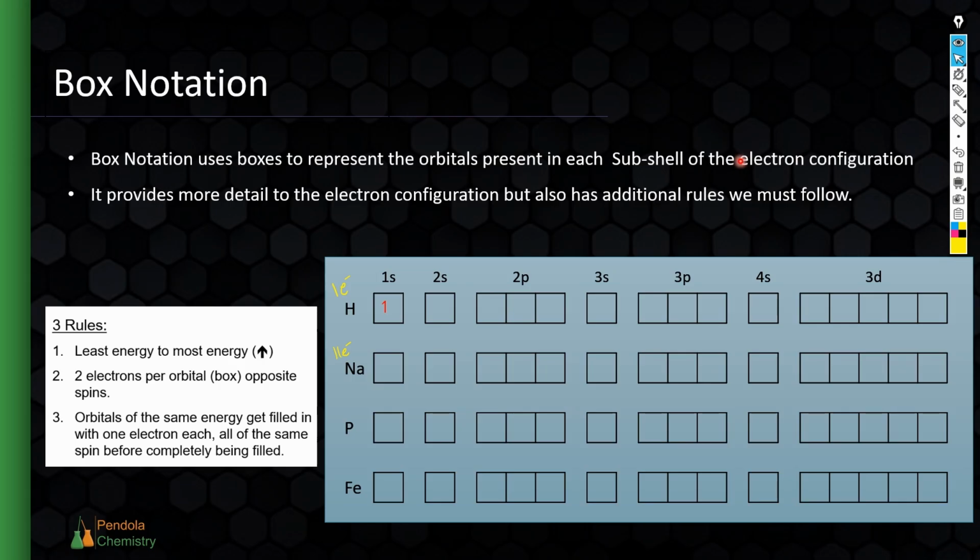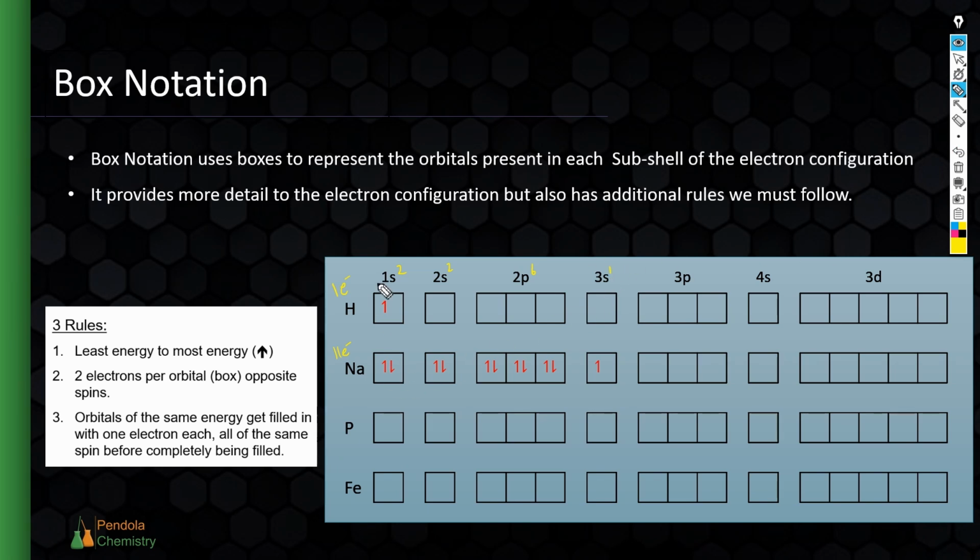Well, if we fill them in, again, we're going to put 1 electron up and then 1 down in the first box. Because we're still going to fill this in like we would with the electron configuration. We have 1s2, 2s2, 2p6, 3s1. That's the electron configuration for sodium. Sorry, this should be 1 at the end.